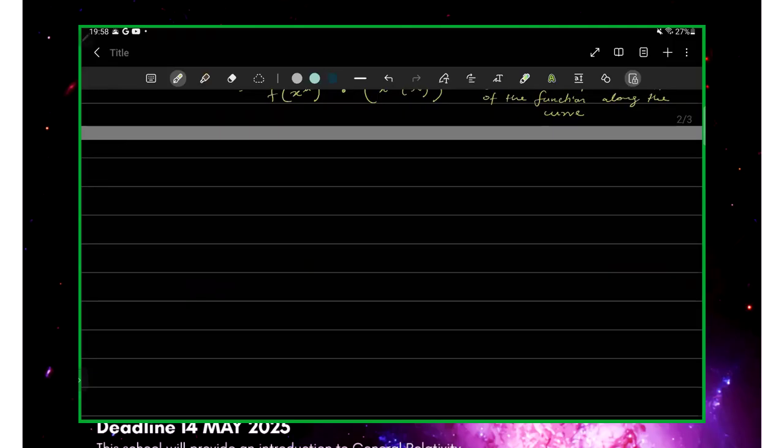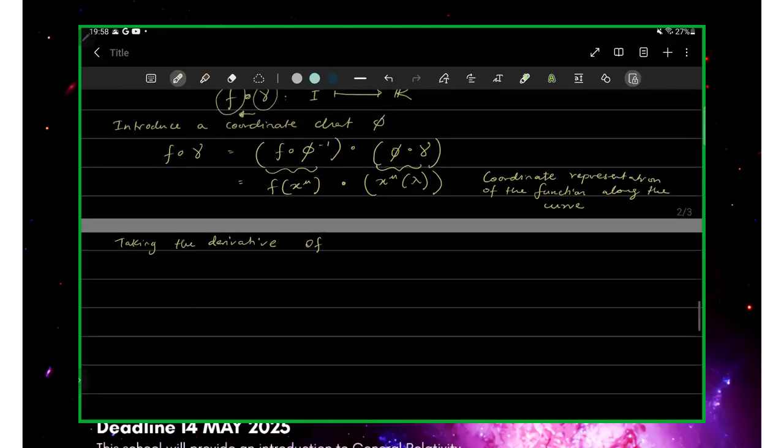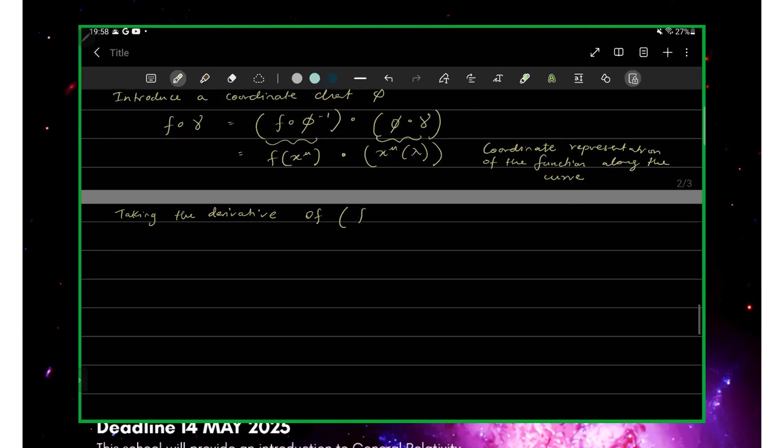So now what we do is we take the derivative of this coordinate representation of the function, which is given as f, a function of lambda, with respect to the parameter lambda, which gives the rate of change of the function along the curve, right?